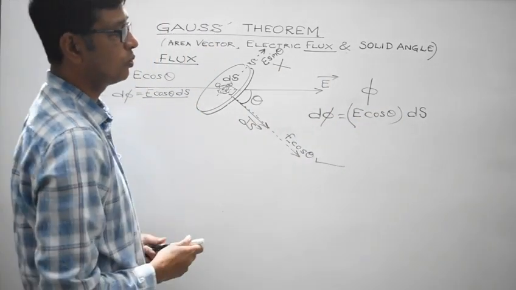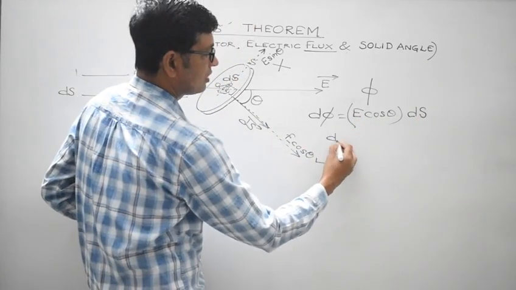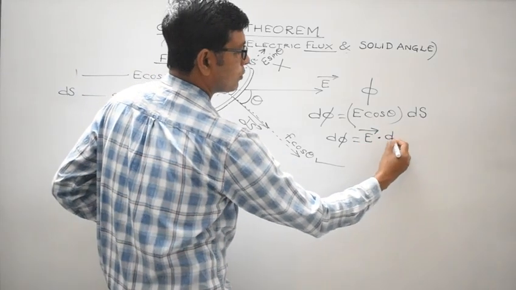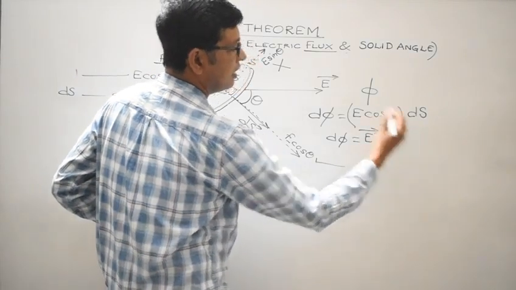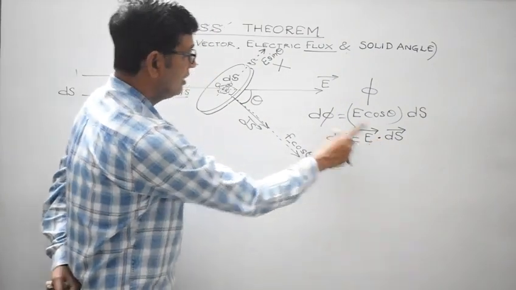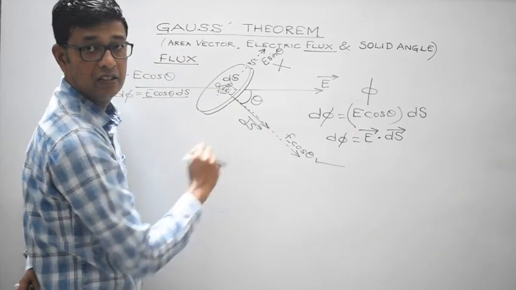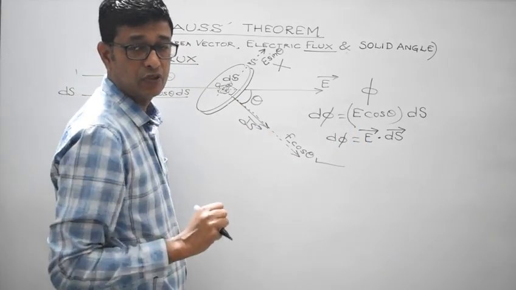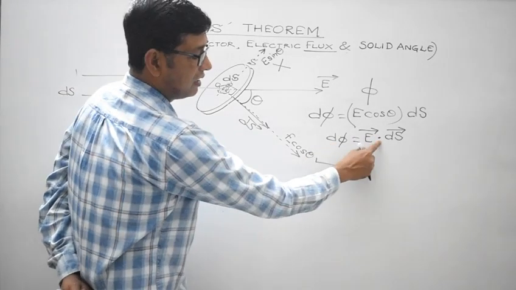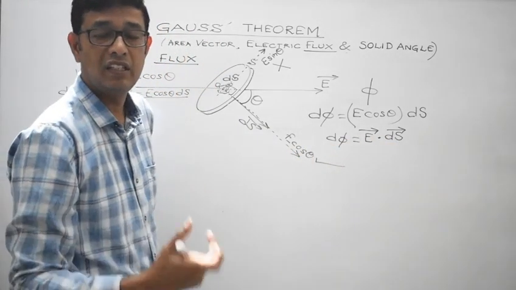So it can also be represented as a scalar product of the E vector and the ds vector. So in scalar form, it can be represented as the scalar product, or the dot product, of electric field and area vector, where theta is the angle between the electric field vector and the area vector. So one more important thing which we conclude is, since flux is given by the scalar or dot product of two vector quantities, it is itself a scalar quantity.